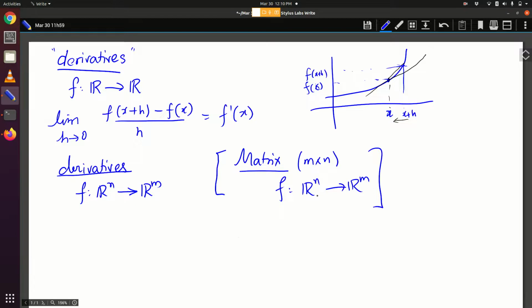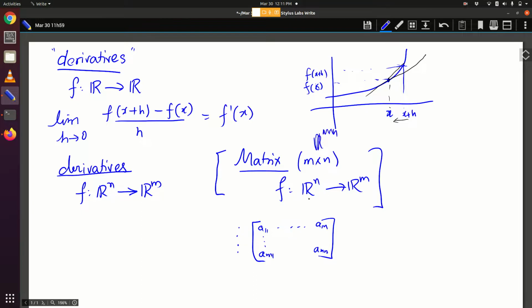Could you please explain? Okay. A matrix has m cross n dimensions, that means you have m rows: a11 to a1n, and so on down to am1 to amn. This is a matrix of m rows and n columns.